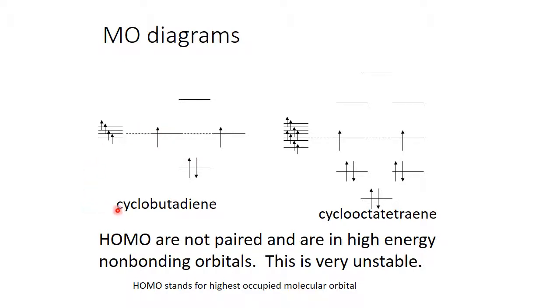Cyclobutadiene has 4 carbons in the ring, so 4 p orbitals. And what are they going to make? 4 molecular orbitals. One is going to be all bonding with no nodes, and one is going to be all antibonding, out of sync with 4 nodes.